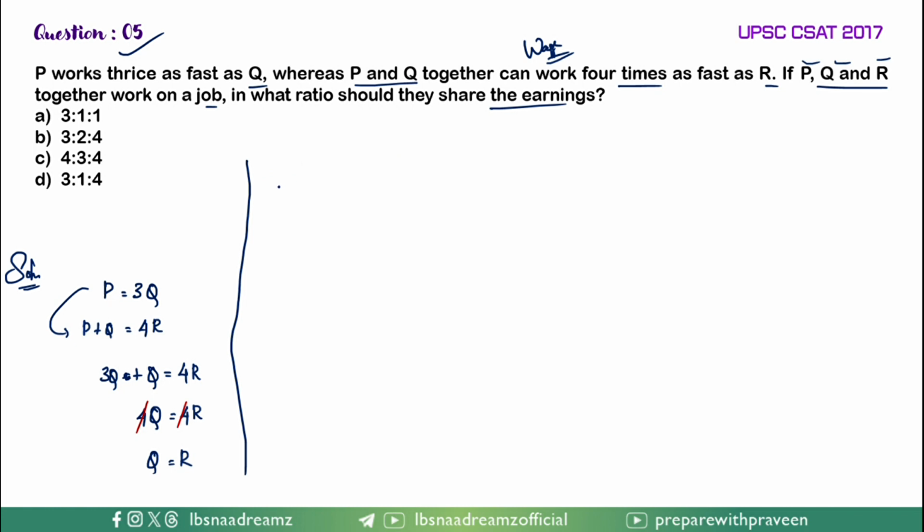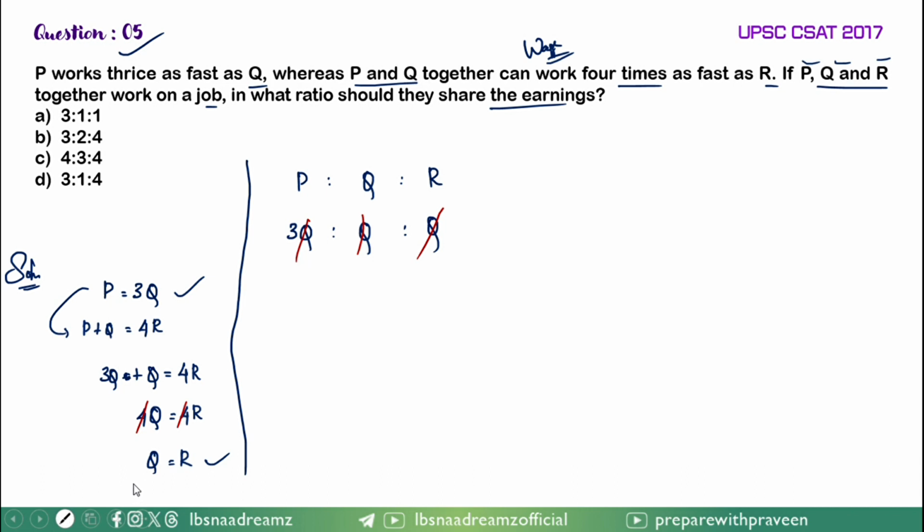Now we have to find the ratio of their earnings. So let us take P is to Q is to R. So if you see, Q is common here. So let us take 3Q, Q, R, Q is equal to R. So here also we will take Q. So we will cut all the 3 Qs.